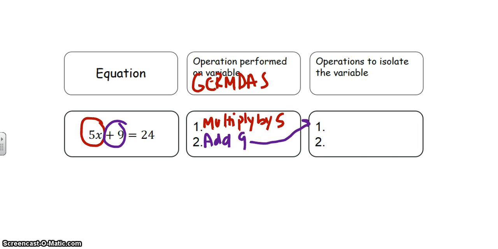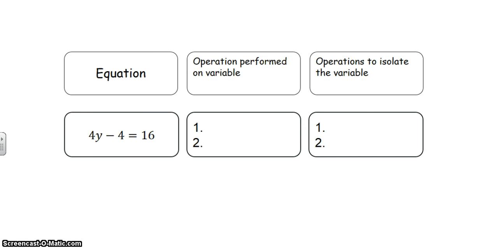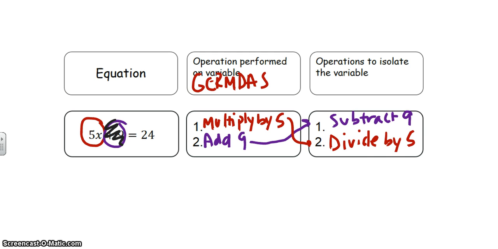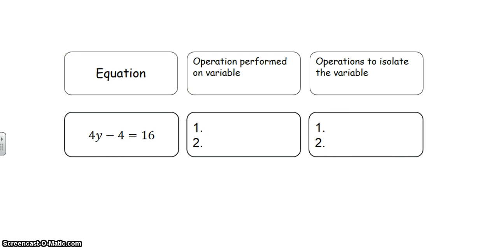So we reverse it, 2 becomes 1, and we inverse it. Inverse means you do the opposite. You subtract 9. Again, then that would get rid of the adding 9. We're left with 5x. Then you would divide by 5. Okay? So again, you divide by 5.